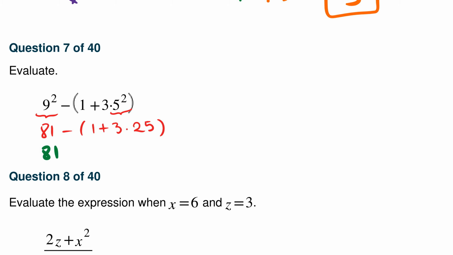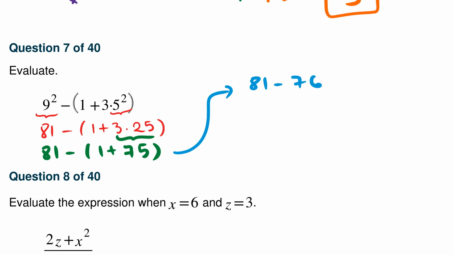Then we have 81 minus 1 plus 3 times 25, that will be 75, plus 1 is 76. So that will be 81 minus 76, which will give me 5 as the final answer.